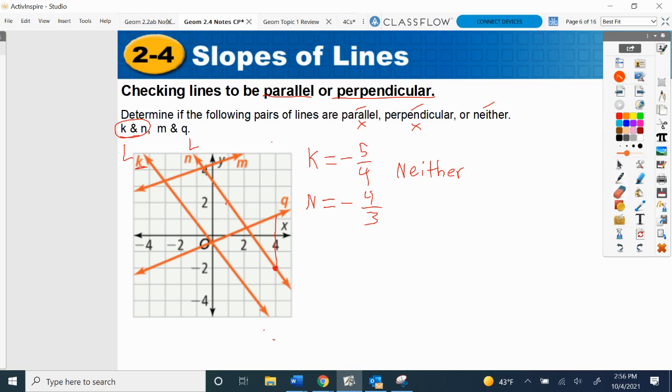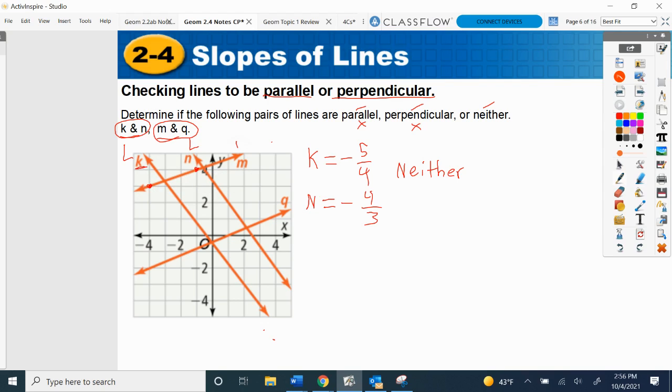Let's take a look at our next 2 lines we're going to check out, and that is going to be M and Q. Okay, so on line M, same thing. You want to find a spot where you can find your slope. So find 2 points from line M. There's 1 point. Here's another point here.